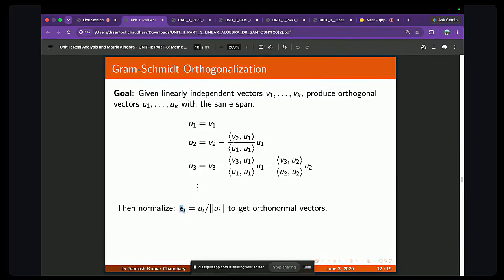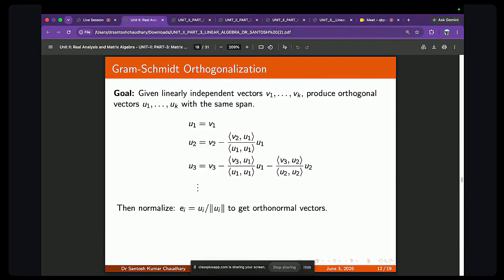So how will you achieve this goal? The goal is to obtain orthogonal and orthonormal vectors corresponding to given linearly independent vectors v1, v2, ..., vk, with orthogonal vectors u1, u2, ..., uk. How will you obtain them? First, u1 you take equal to v1.